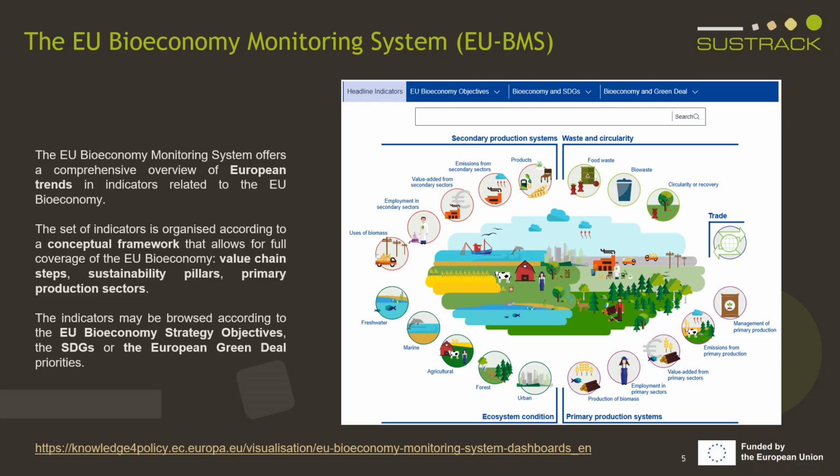The indicators may also be browsed according to the European bioeconomy strategy objectives, the SDGs, or the European Green Deal priorities. And it is constantly updated with new evidence and new indicators.